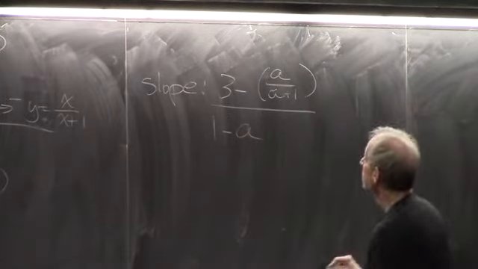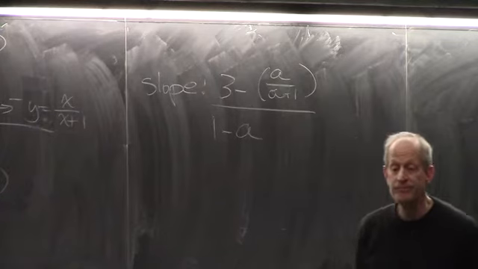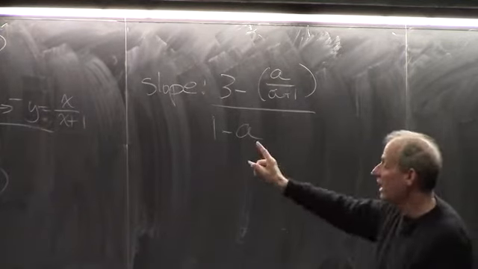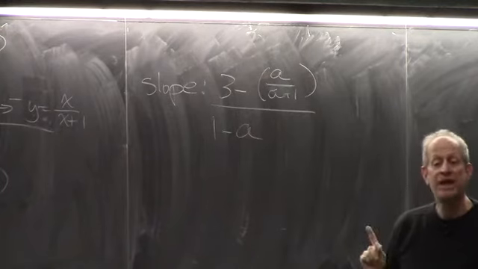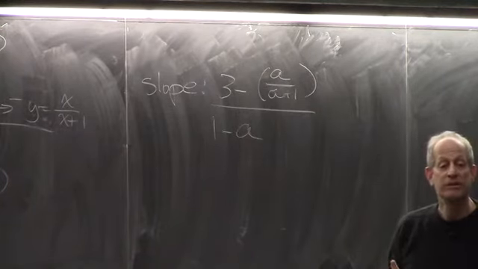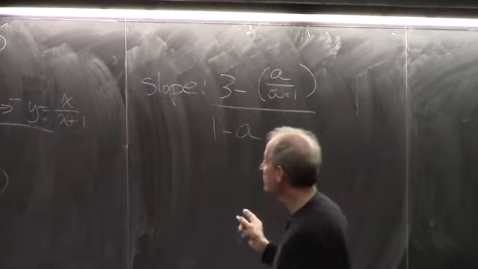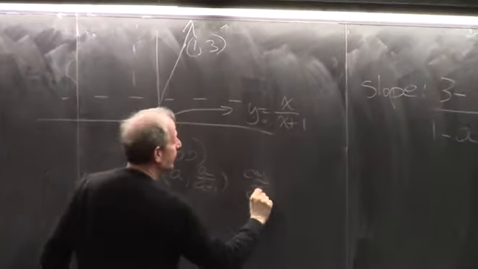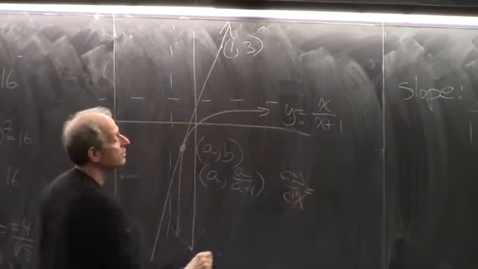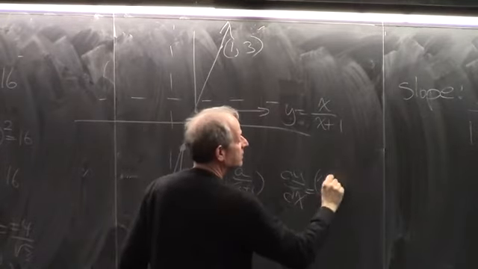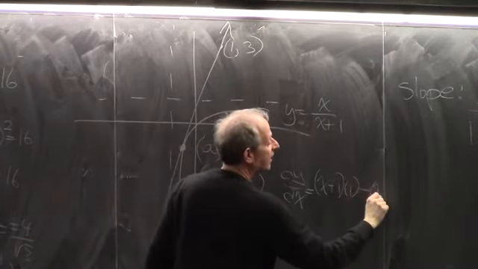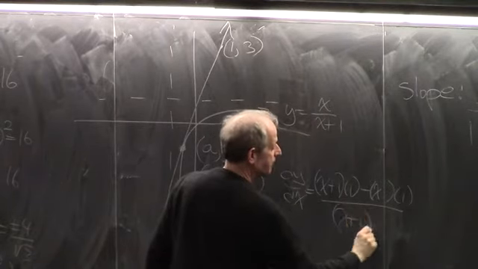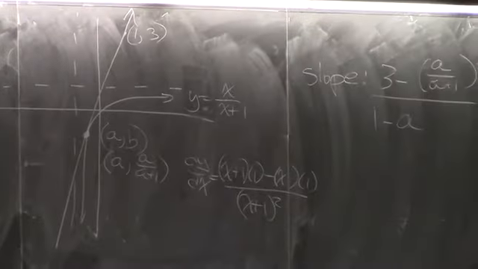It doesn't matter. But I also know, because I'm in calculus class, I can find the derivative, and that will also give me the slope. Then I can plug in a, and I can find an equation to solve this. So what's the derivative? Low d high minus high d low over low squared, right?